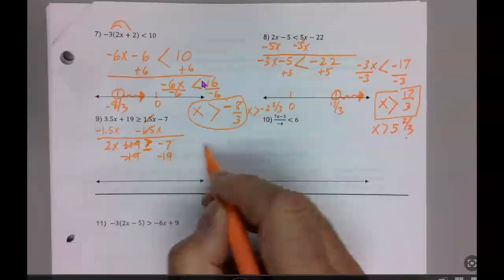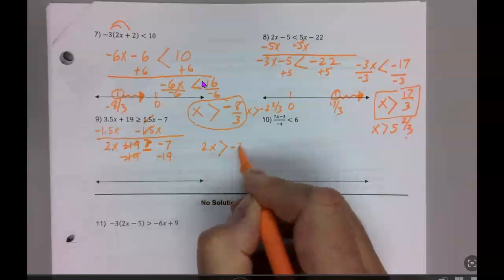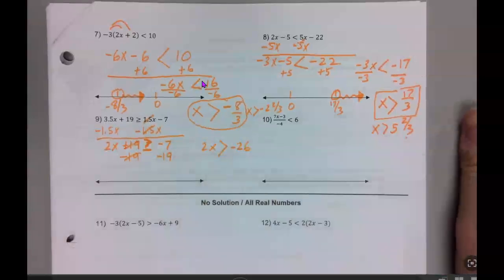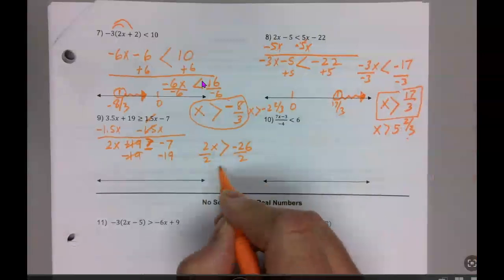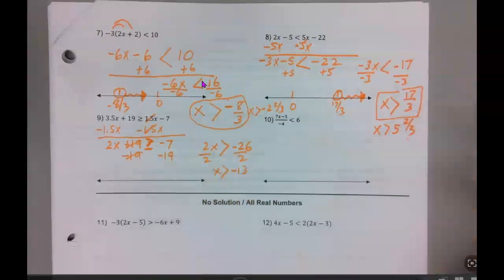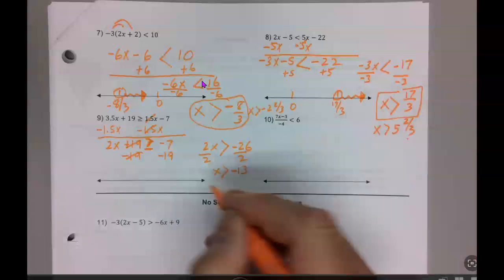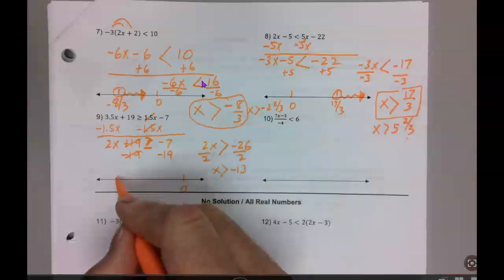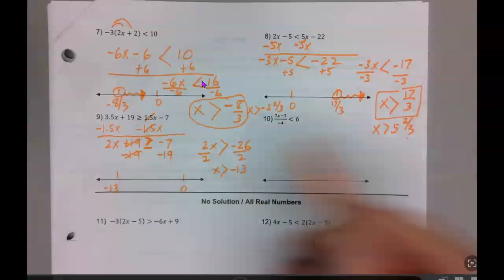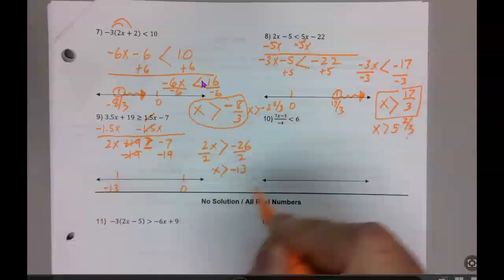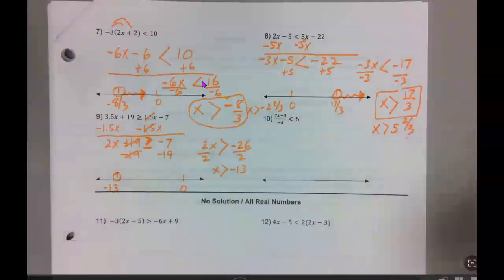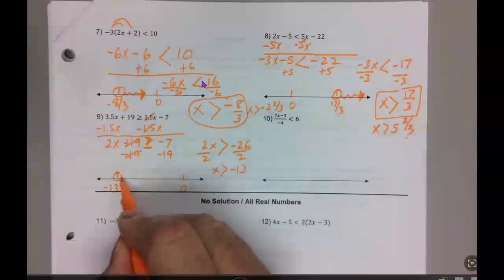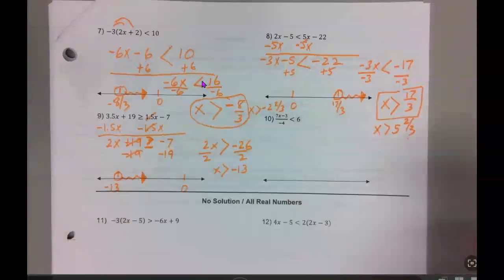Those cancel, so I have 2x is greater than -26. Now what do I do? Divide by 2. Do I reverse the inequality? No, because I'm dividing by a positive. So I've got 0, -13. Open or closed circle at -13? Open, correct? Open. That means not included. And which way is the arrow going? To the right. Okay?